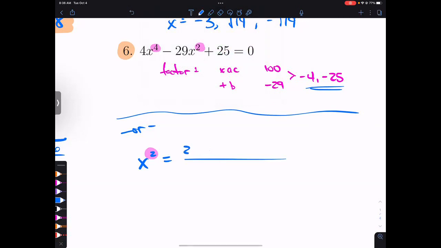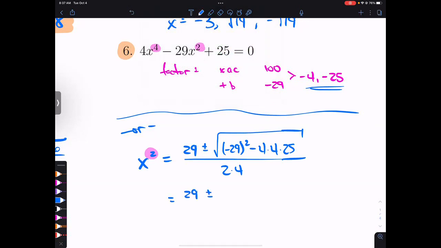This would be 29 plus or minus the square root of b squared, minus 4 times a times c, over 2a. So 29 plus or minus the square root of, I don't know what 29 squared is.